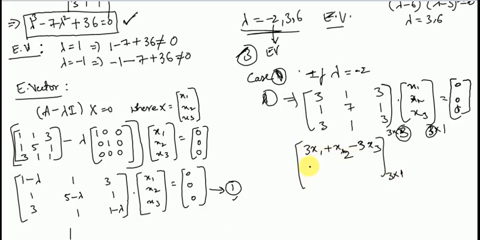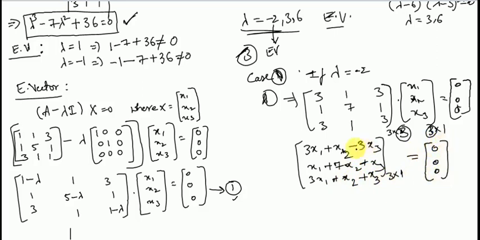So you will get 3x1 plus x2 plus 3x3, x1 plus 7x2, and 3x1 plus x2 plus x3, which equals the zero matrix.